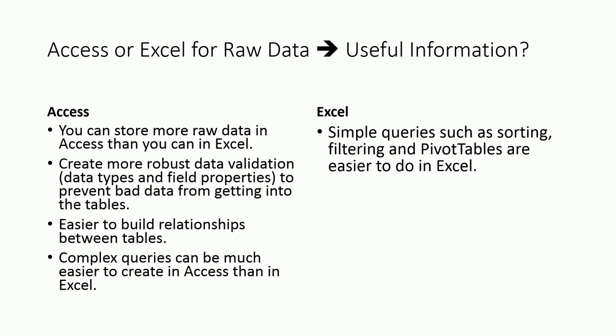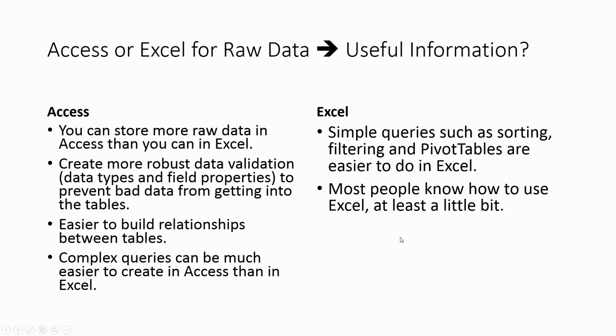However, we saw the advantage when we did our inventory value. That's always updating anytime the underlying raw data updates. But Excel is amazing for simple data analysis on the fly. The other big advantage is most people know how to use Excel, at least a little bit. Not everyone knows how to use Access.